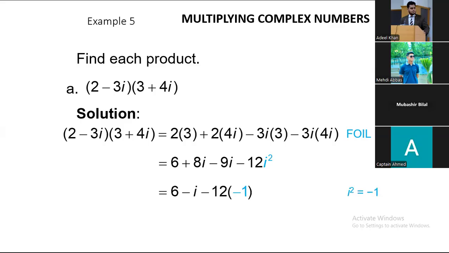Since iota square is -1, it would be transformed to plus 12, and before that plus 8 iota minus 9 iota with each other would form minus iota. Adding both the real values, plus 12 and 6, would be 18 minus iota. So this is the solution and answer of this question.